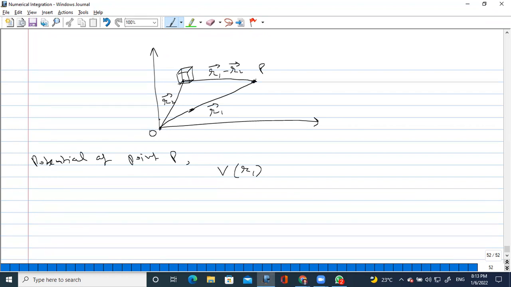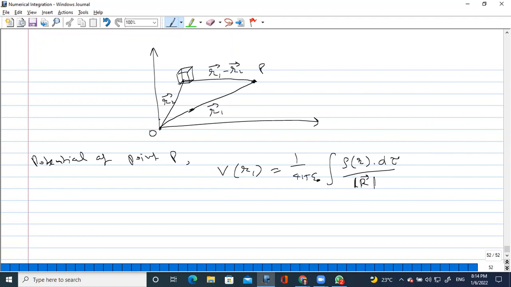From the origin, at point P, I am finding out the potential. So that will be 1 upon 4 pi epsilon naught into Q by R. Q by R, how can I write that? Rho R dash into d tau, divided by mod R.